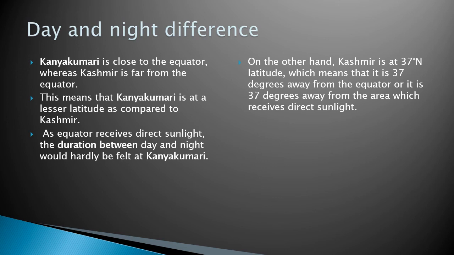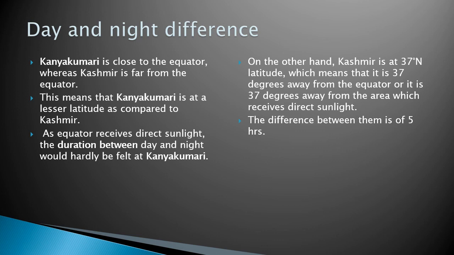On the other hand, Kashmir is at 37 degree north latitude, which means that it is 37 degrees away from the equator, the area which receives direct sunlight. Because of this, Kashmir can easily see the differences between day and night, and the difference of time between Kashmir and Kanyakumari is 5 hours.